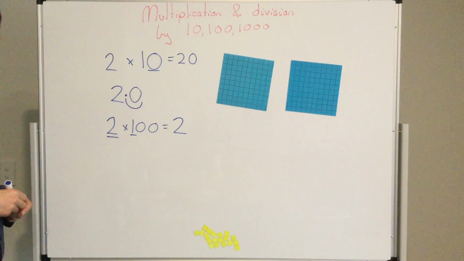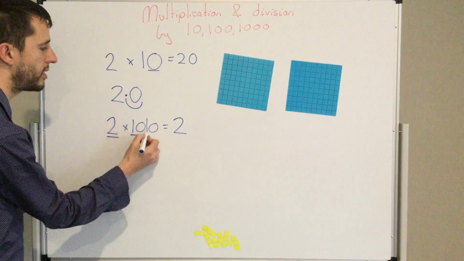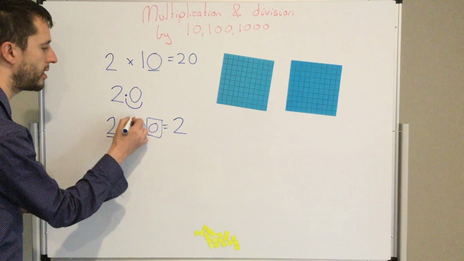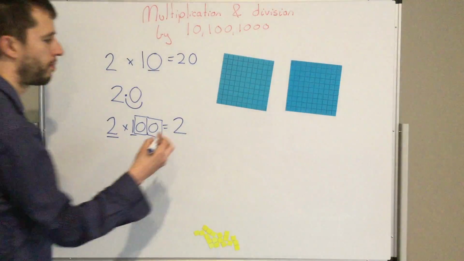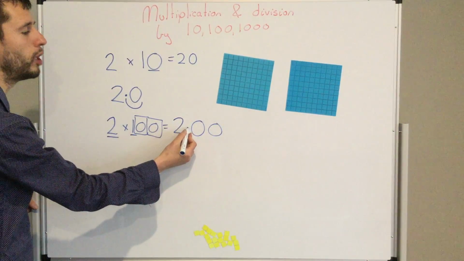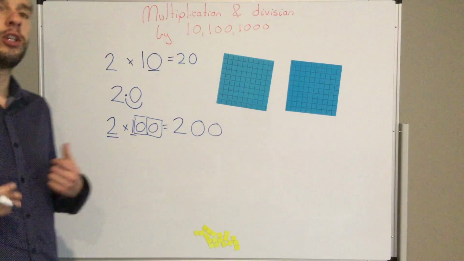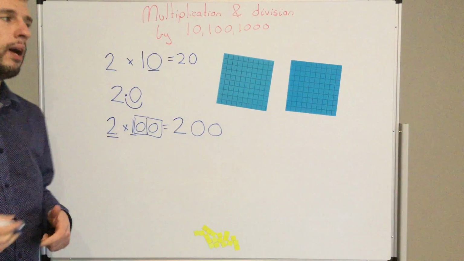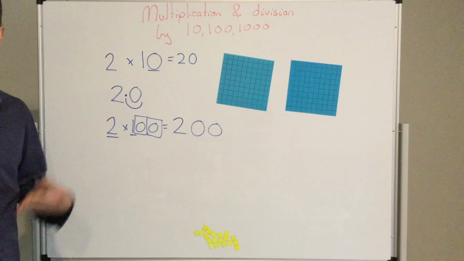How many zeros do I have? I have 1 zero and a second zero. So I add the 2 zeros on. Or you could say I move the decimal place 2 spaces to the right and it became 100 times bigger.